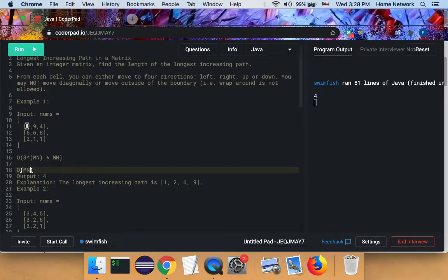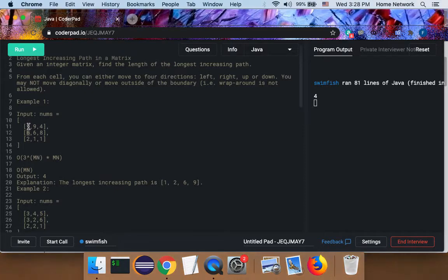So for example, this location, we know the longest path is 1. This is 1. This is 2 after we explore. And so when we reach this node, if we are exploring upward, we already stored this as 1, so we don't have to look around. We just return 1 directly.